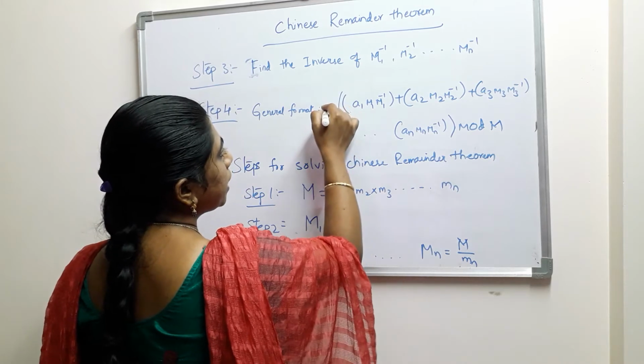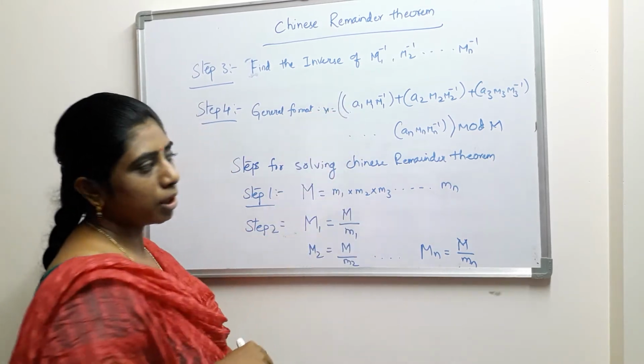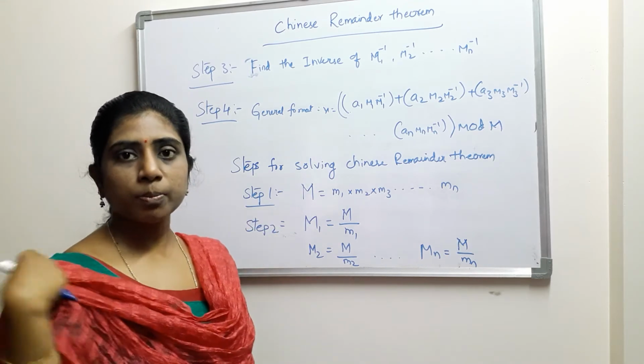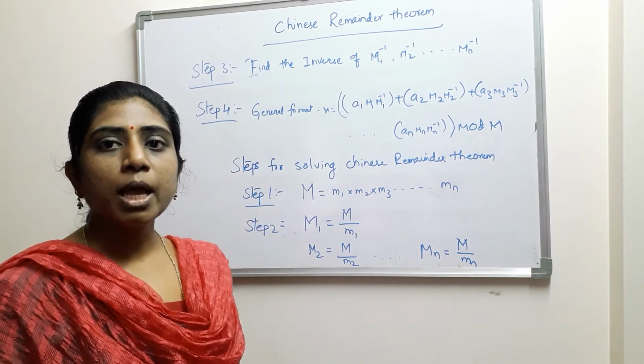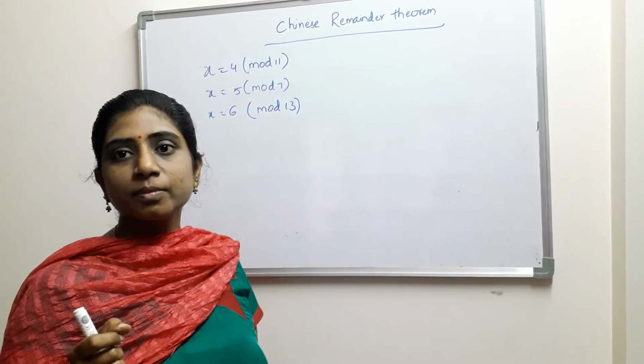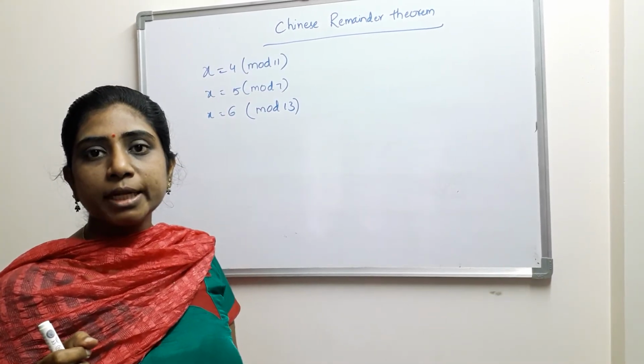So once you get the value, that is the answer. Like that we need to follow the 4 steps in this problem. So let us see a problem regarding this particular Chinese remainder theorem.